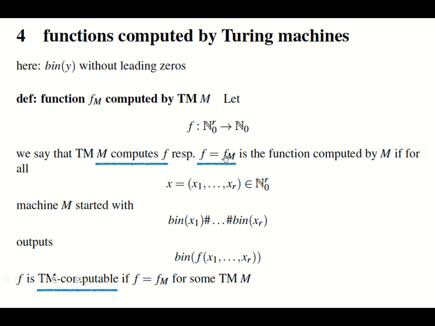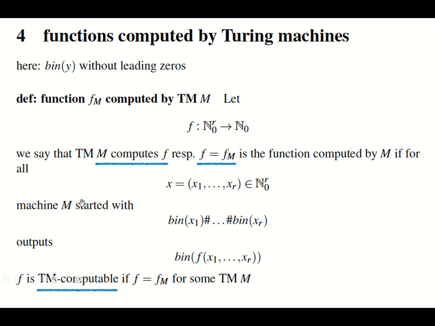Respectively, I will write f equals f_M, meaning that the function computed by machine M is f, if you have r many natural numbers from x1 to xr. By convention we will make our Turing machines work on zeros and ones.